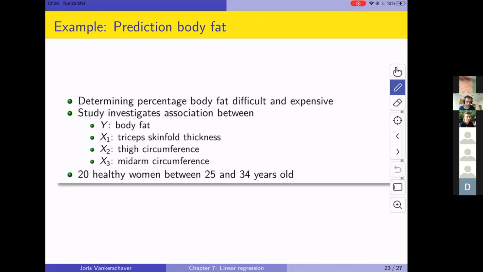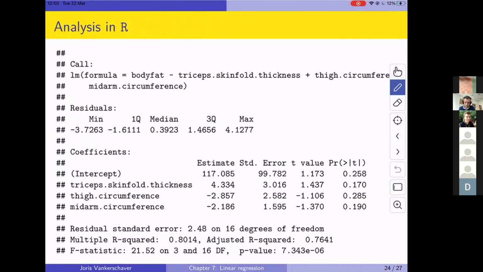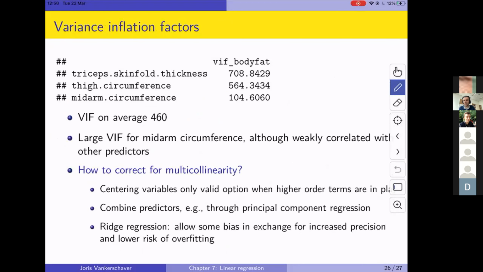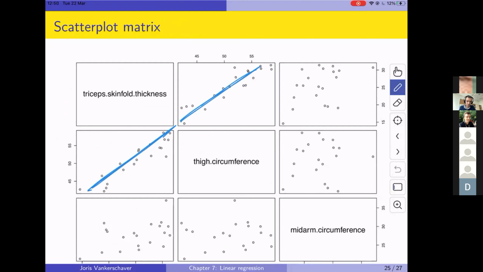I will maybe skip over this example, but I will leave the slides up for you to have a look. There's another example here, predicting body fat as a function of different body measurements: triceps skin fold thickness, thigh circumference, and mid-arm circumference. Here we will also see that there's some correlation between the variables. You see that in the scatter matrix, but here it's a bit difficult to remedy that, because now we have correlation between things that are not functionally related.